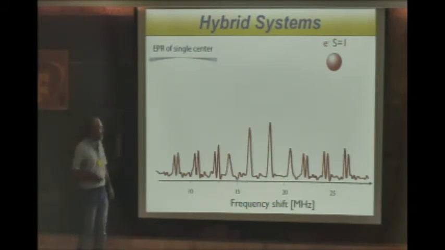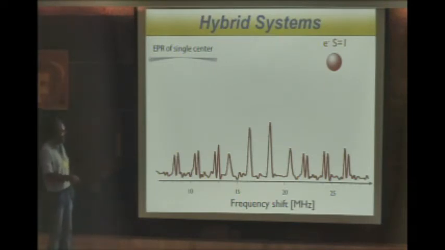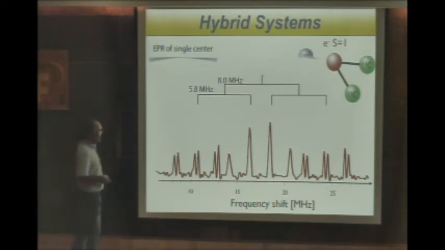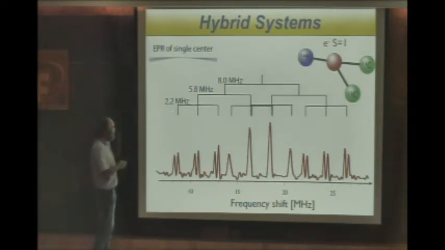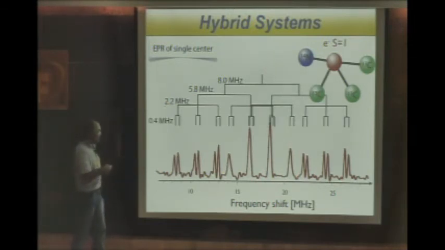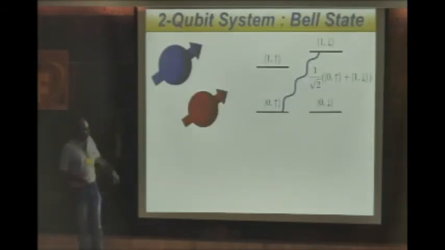In this case, we measure the electron spin spectrum, which has splitting of 8 megahertz because of one adjacent carbon, 5.8 megahertz because of a second adjacent carbon, 2.2 megahertz because of the nitrogen 14, and a third carbon, which has a splitting of 0.4 megahertz. And so you can use both resources, the electron spin and the nuclear spin, to build more complicated quantum registers.